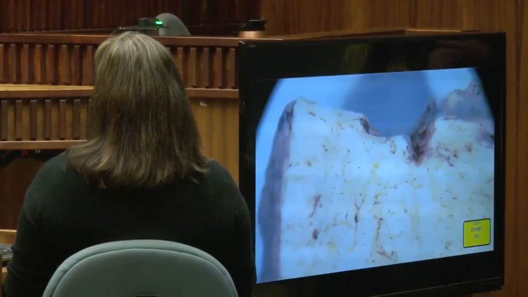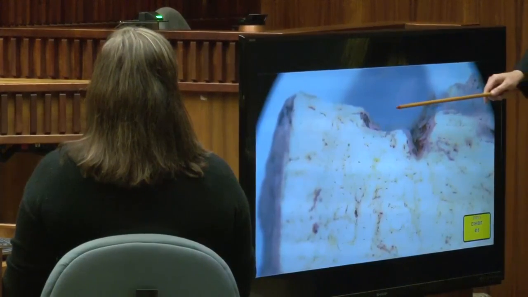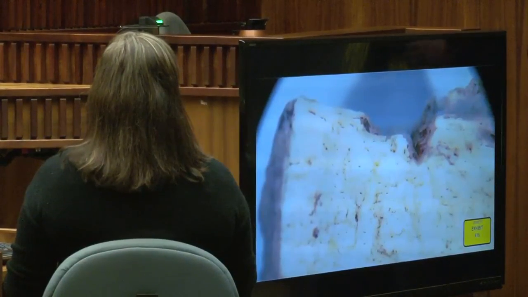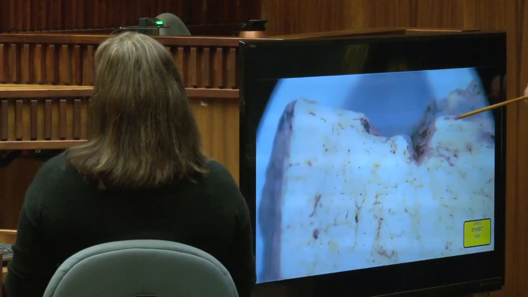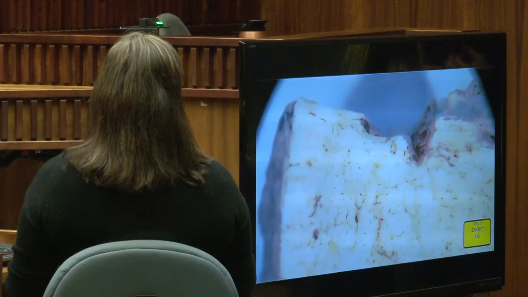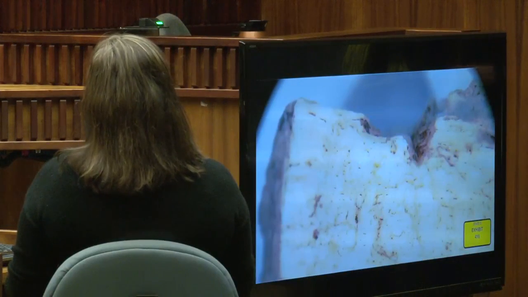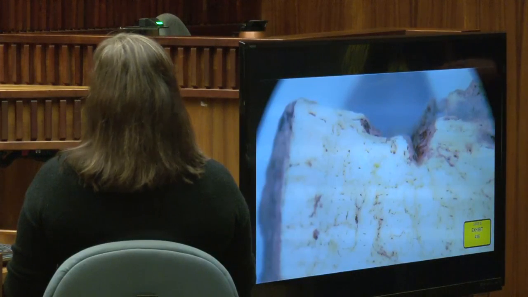It being such a small fragment, and the fact that this surface is the inner portion of your bone. So the long bones are hollow inside, and you have an opening. This area is on the inside of the bone, which is a very unusual location to find something of that type. So without any associated evidence, I cannot.